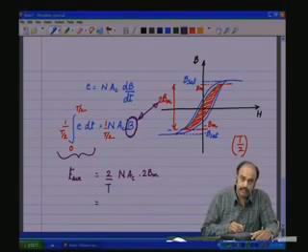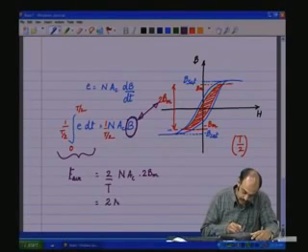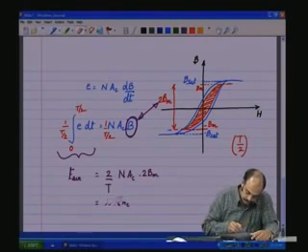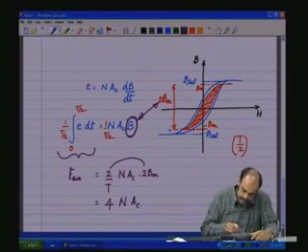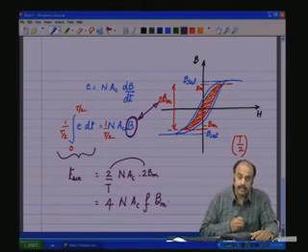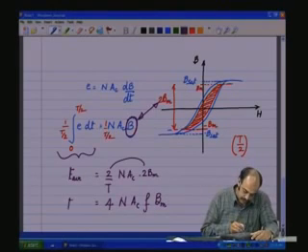So 1 by T is nothing but the frequency. So we use 2 N Ac, this 2 and 2 becomes 4 N Ac frequency into Bm. This is E average.